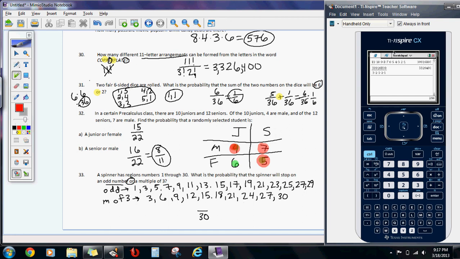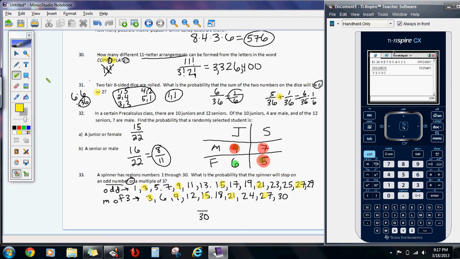If we take our highlighter here and look at the ones that have repeated, I've got 3 here and here, 6 did not, but 9 did, 12 did not, 15 did, 18 did not, 21 did repeat, 27 repeated as well. So the question is, how many successes do we actually have?